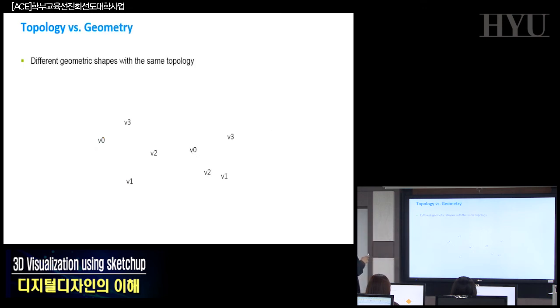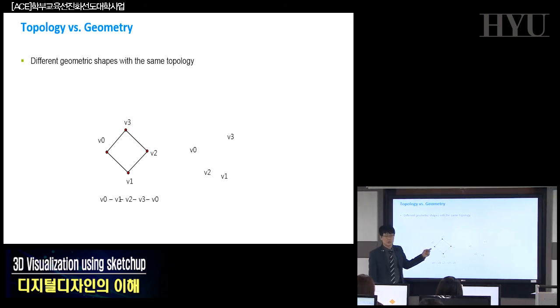So let's compare topology and geometry: different geometric shapes with the same topology. Okay. Line drawing is going to start from vertex 0, and next move on to vertex 1, 2, 3, and 0 again, so that this one is going to be enclosed.